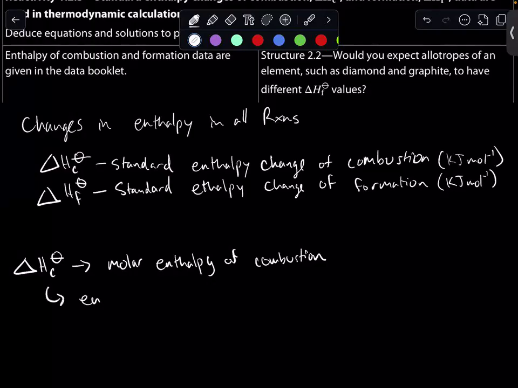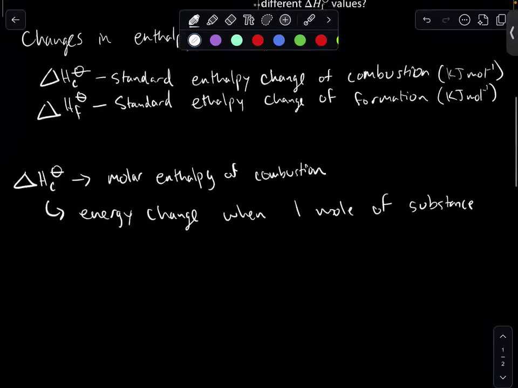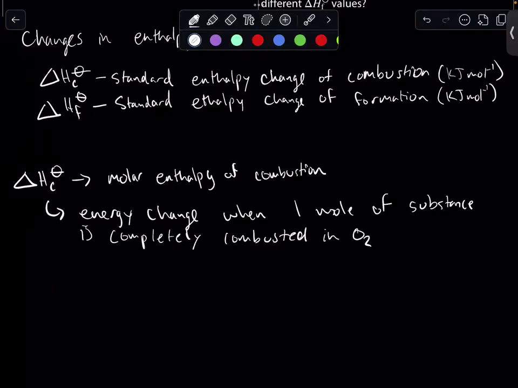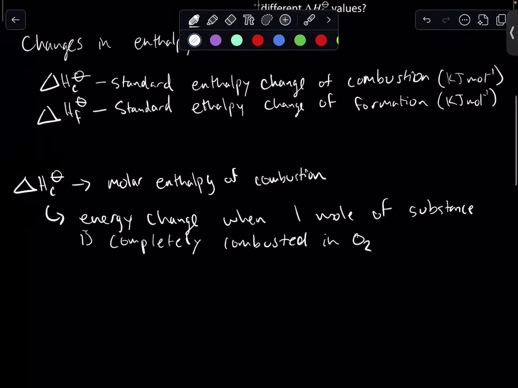So the direct definition is the energy change when 1 mole of substance is completely combusted in oxygen. Now, that can change based on whether or not this is a metal or hydrocarbon and what the products will be, but we're always combusting with oxygen, and this is going to be in standard conditions.